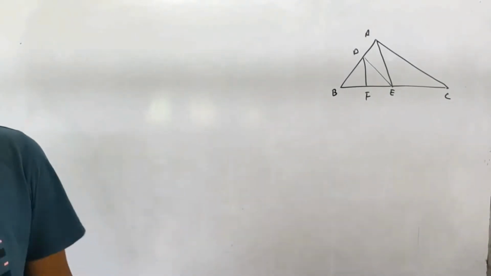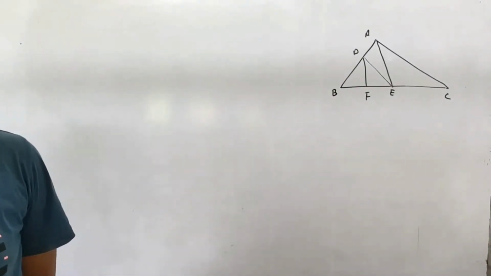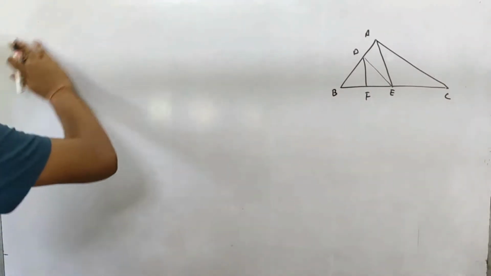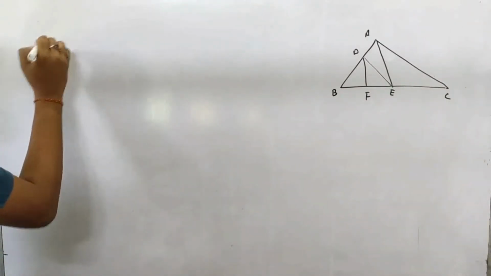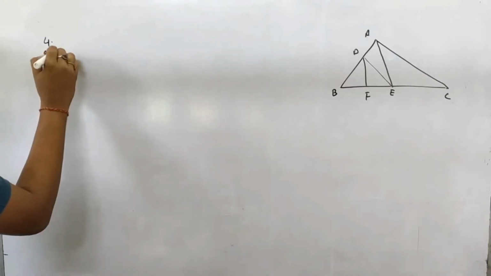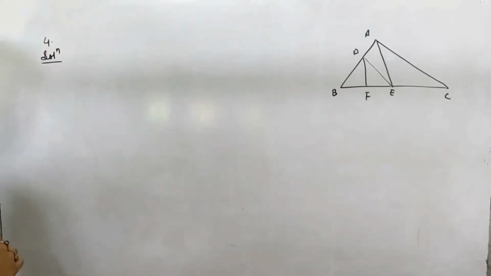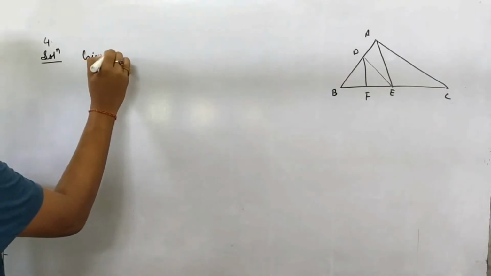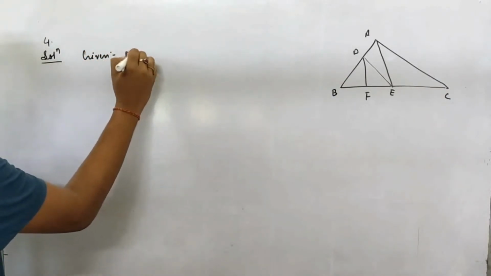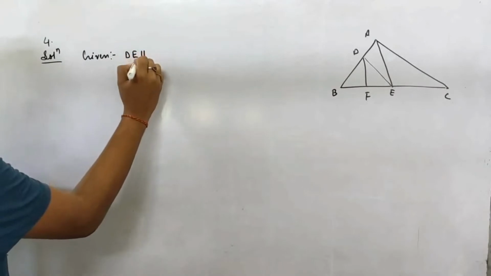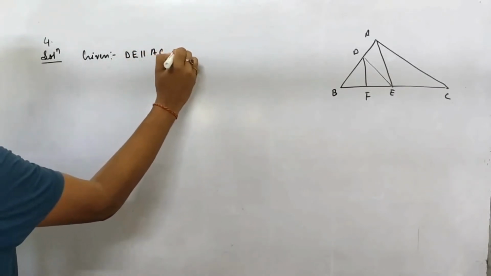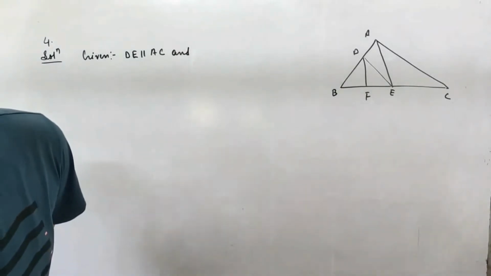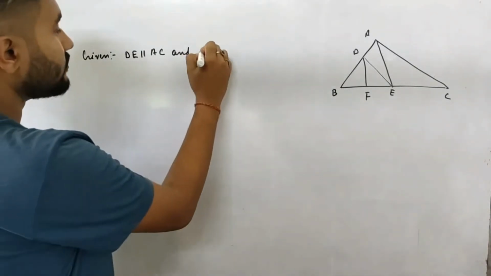So what is given in this question? In figure 6.19, DE is parallel to AC. So write in the given part. This is easier than question number 3. Okay, solution. So what is given? DE parallel to AC. So given DE is parallel to AC and next what is given? DF parallel to AE.